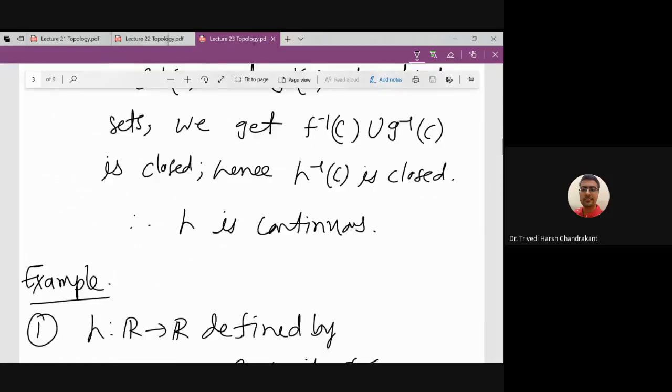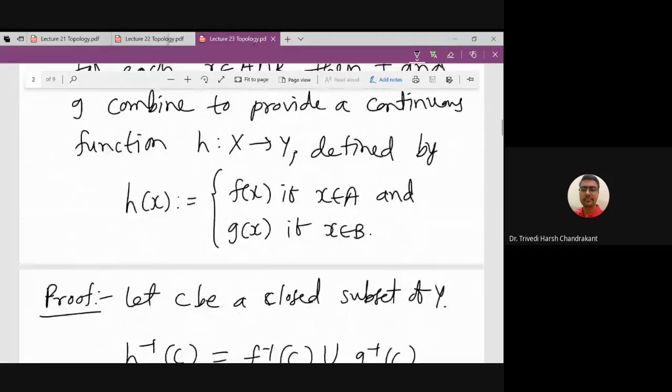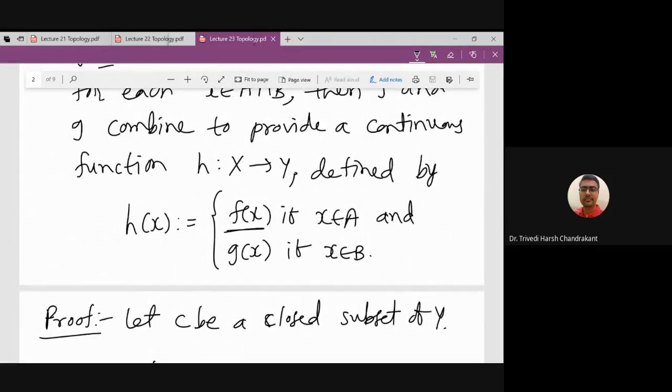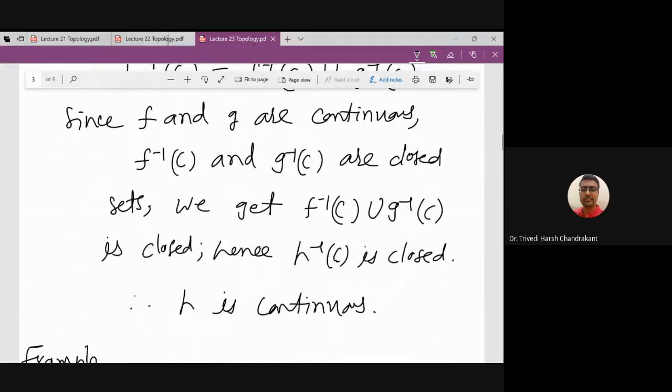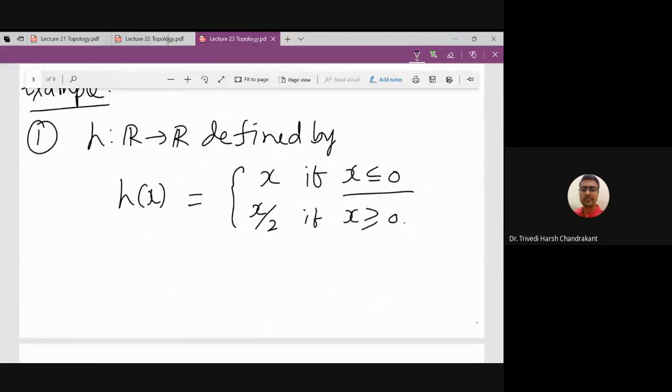So what is the pasting lemma? Let us go through the statement: Hx is the first function if x belongs to A, and A is a closed set. Similarly, it is equal to the second function over the second closed set. So here these two conditions are given. What will be the closed sets?